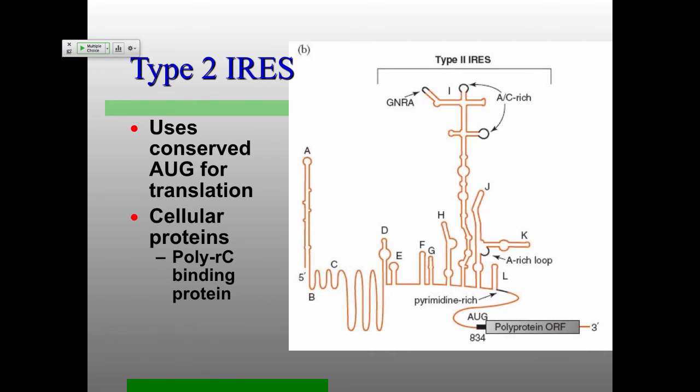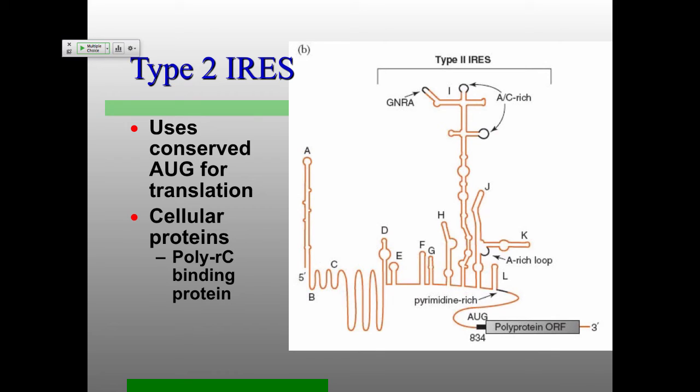I think there are actually about 6 different kinds of IRESes. I basically just wanted to point out that there are a lot of them, not that you are going to have to draw the secondary structures of any of these things for exams. But again, this has a pyrimidine-rich sequence. Here the AUG is a little bit further down. But again, it's all these secondary structures which are really important for getting your translation to take place.